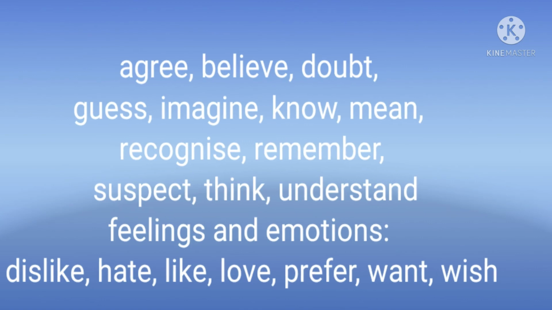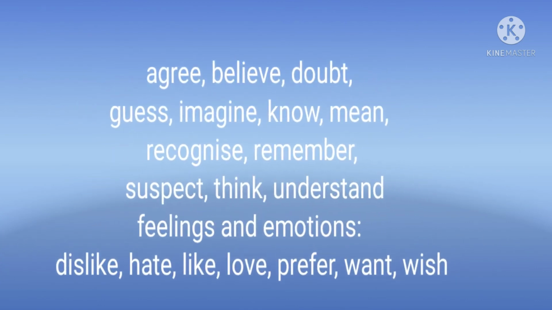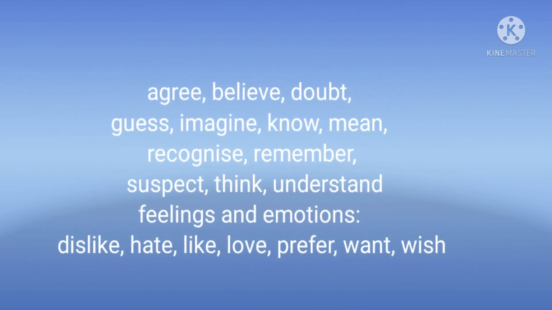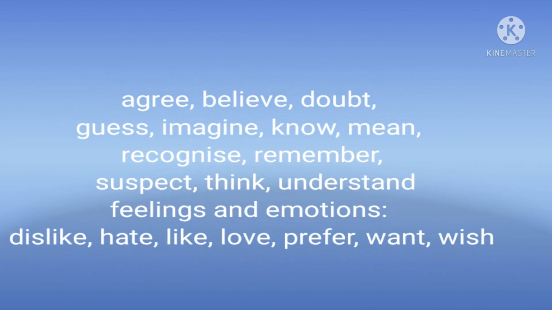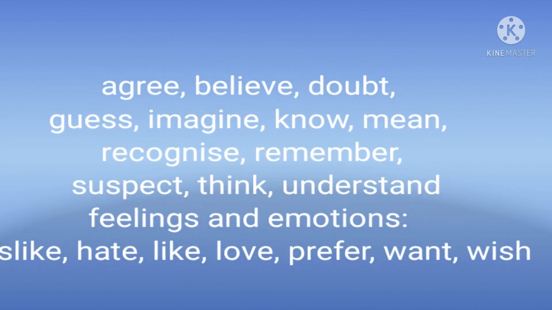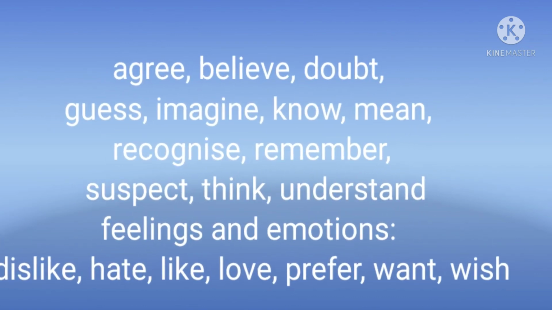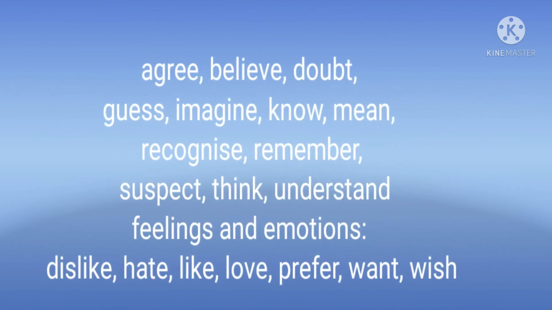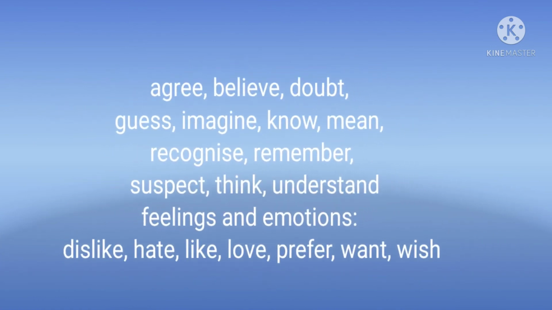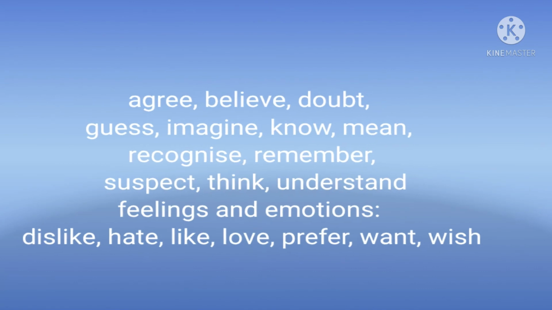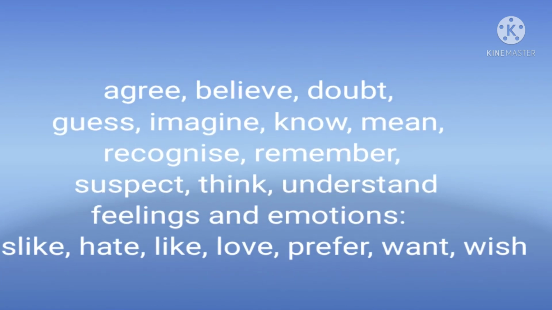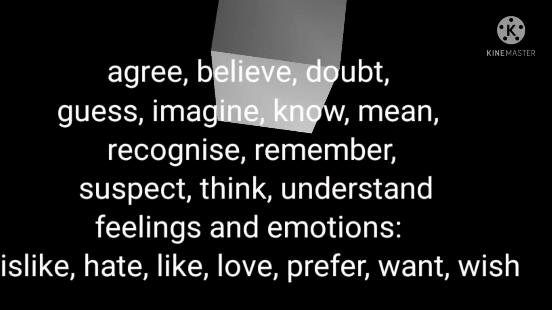And here are some examples: agree, believe, doubt, guess, and so on. If you want to know more about the stative verbs, just comment them down below and we can discuss them in our next topic. Okay?